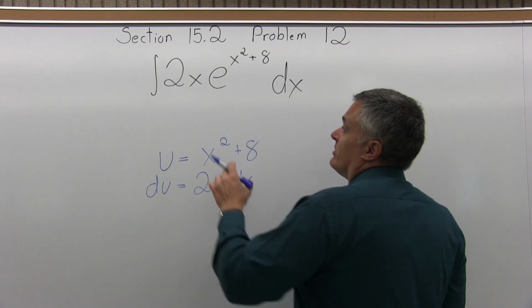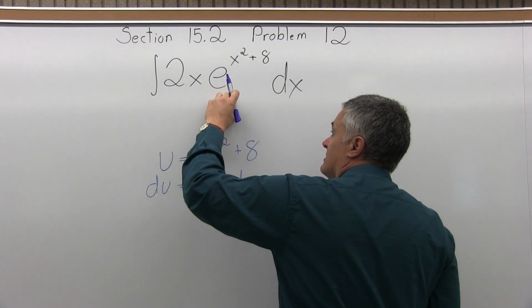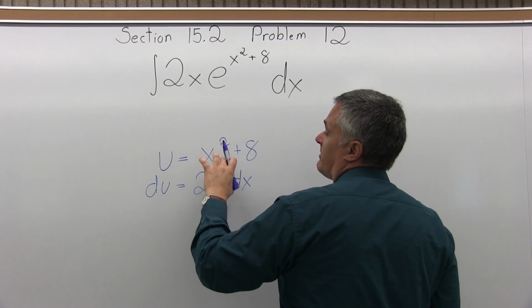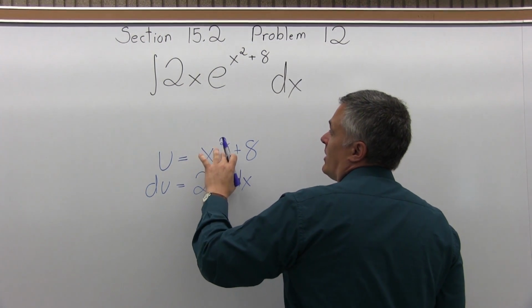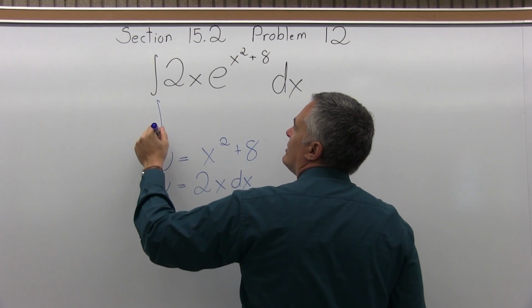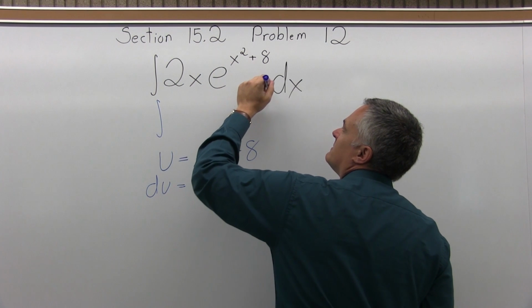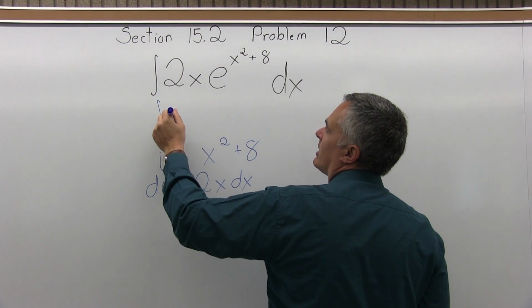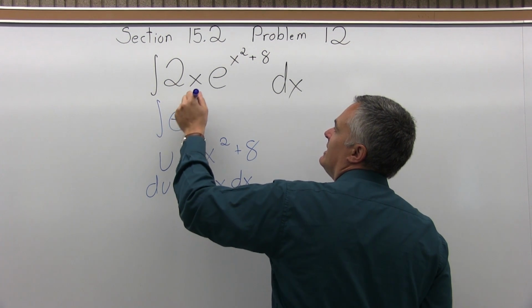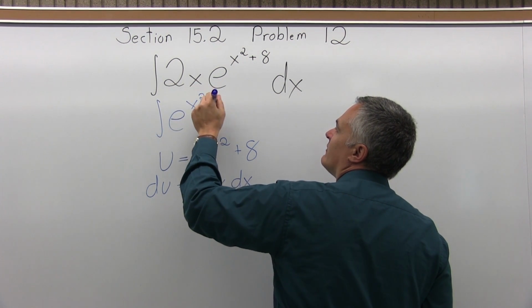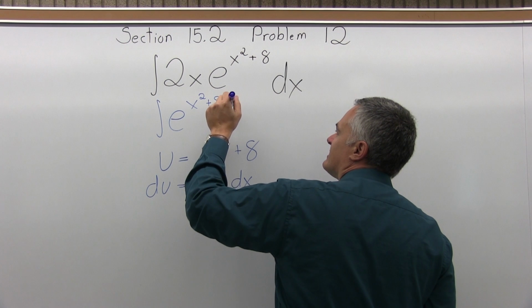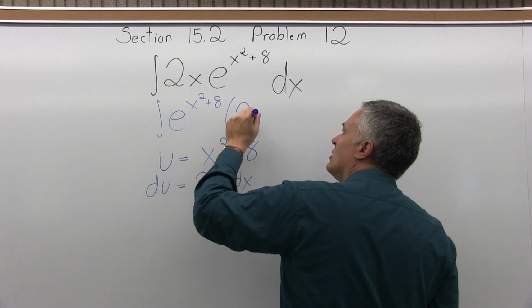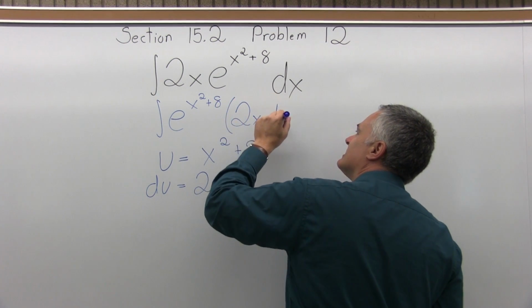Now, what I want to do next is rewrite this integral in terms of only my new variable. Well, when I do that, let me just slide the 2x back next to the dx, and it'll make the matchup a little bit more clear. So I'm going to write the e to the x squared plus 8 first, and then that's going to be times 2x dx.